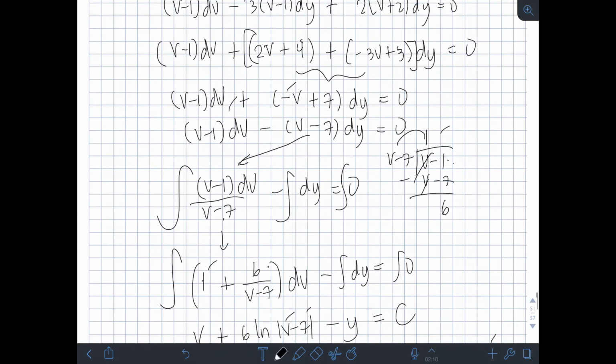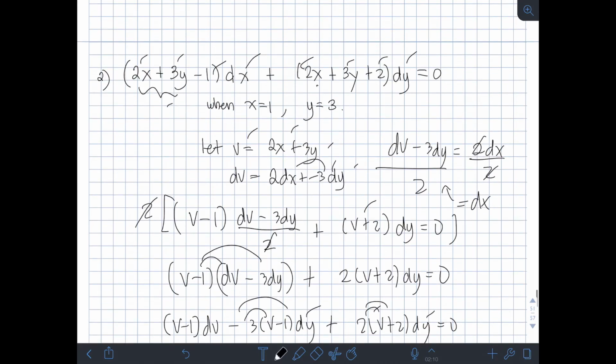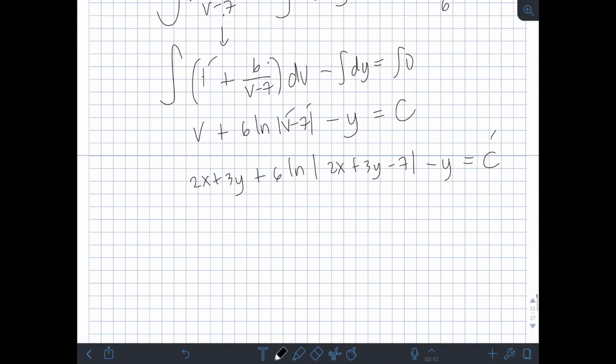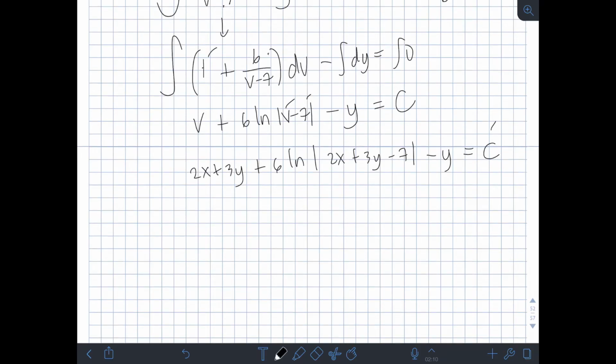So, solve natin si c kasi meron tayong particular solution. So, when x is equal to 1, y is equal to 3. So, substitute natin. So, 1 si x tapos 3 si y. So, 2 times 1 + 3 times 3 + 6 times ln of (2 times 1 + 3 times 3 - 7) - 3 is equal to 0.